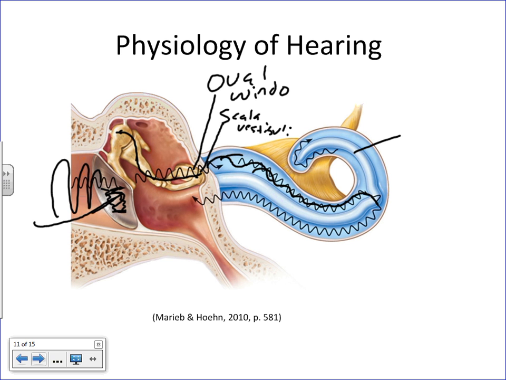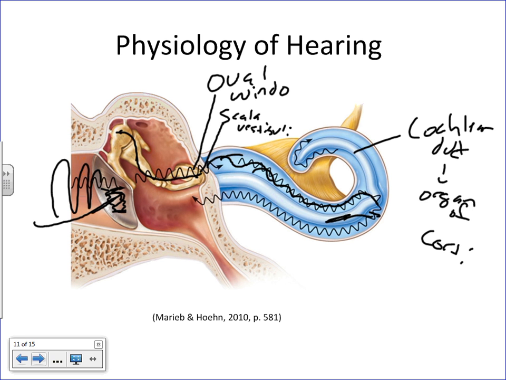Remember the middle portion is called the cochlear duct, where you find the organ of Corti, and remember that gel-like basilar membrane. That gel-like basilar membrane is going to displace, and those hair cells are going to bend.